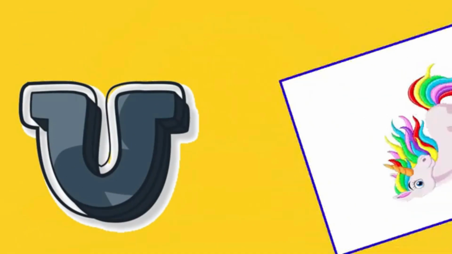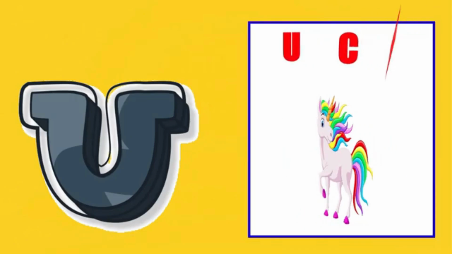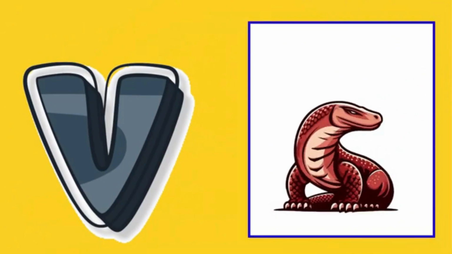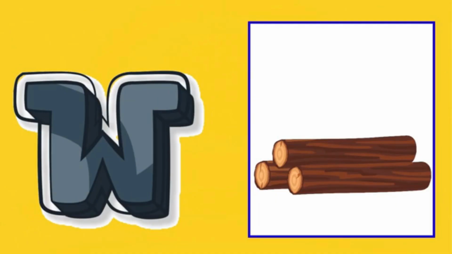U. U for unicorn. V. V for Varanus. W. W for wood.